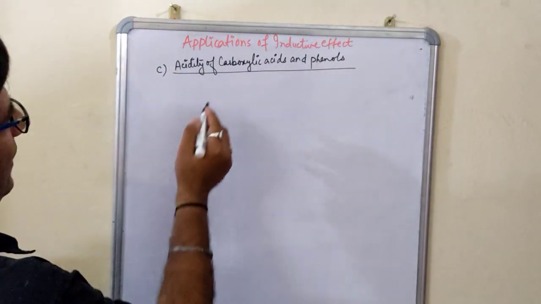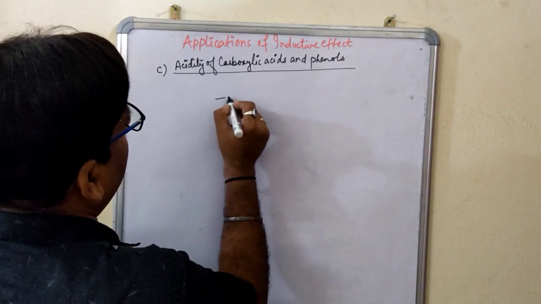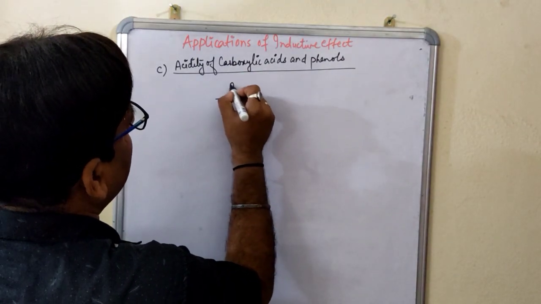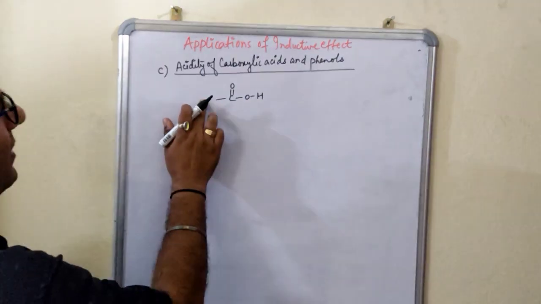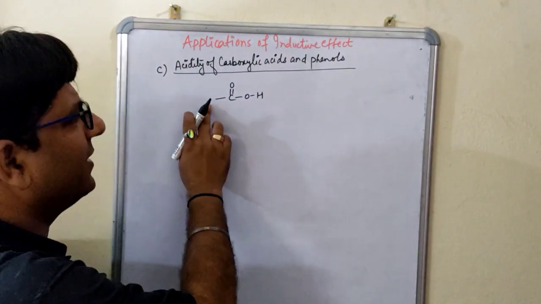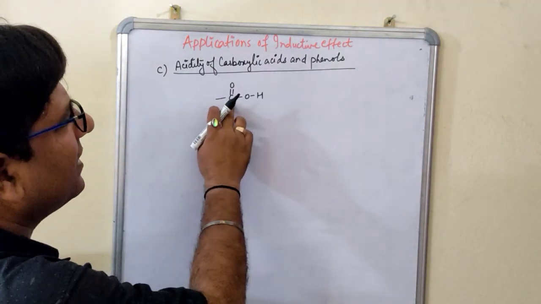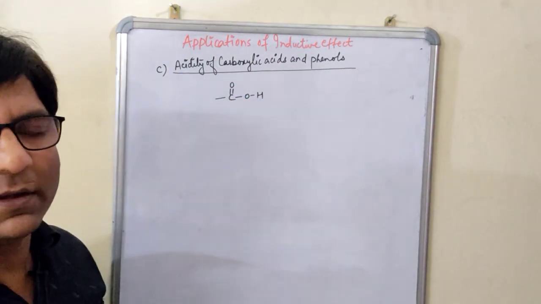Now, if suppose I have acid, this is the acid, right? Here whatever you want to make the carboxylic acid, but the functional group is what? That is a COOH, right?